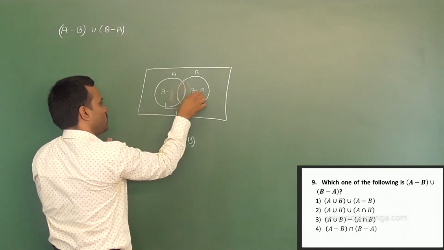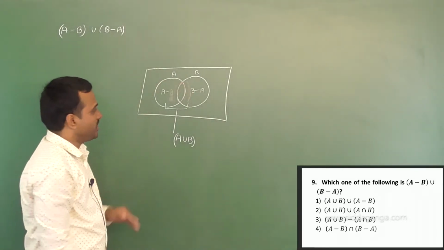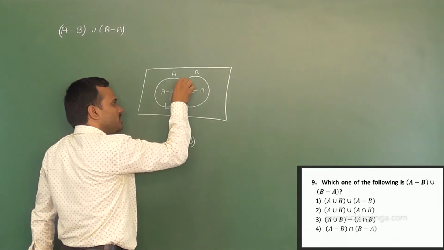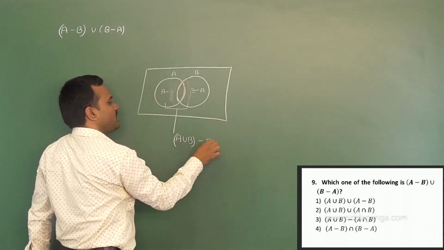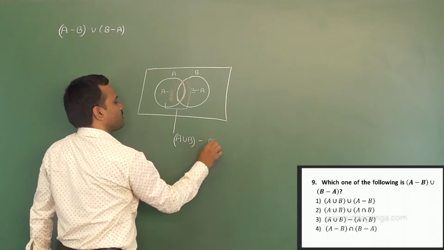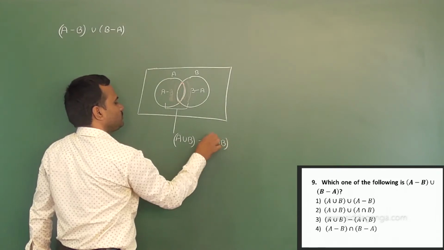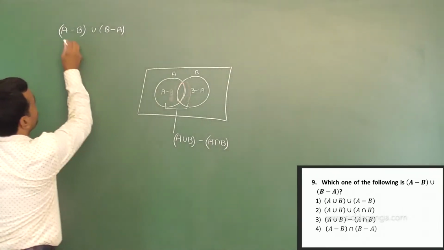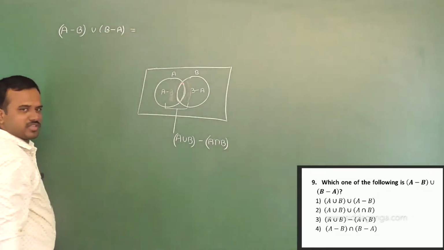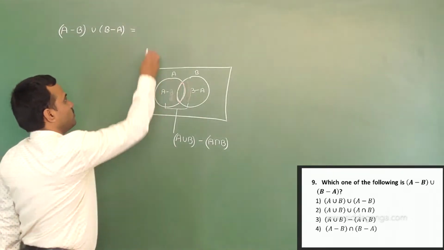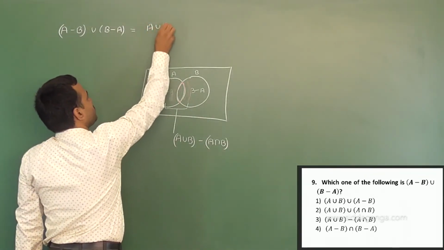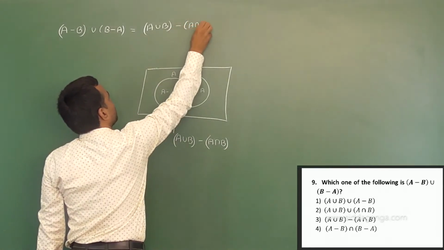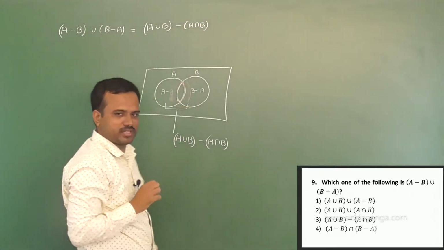n(A), n(B), n(A intersection B). In that, we subtract the common region, A intersection B. Then what we got is A minus B union B minus A. So this is always equal to A union B minus A intersection B by the diagram.